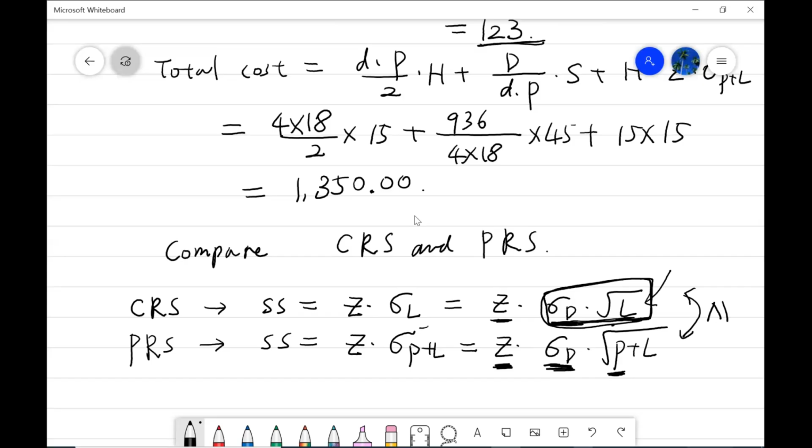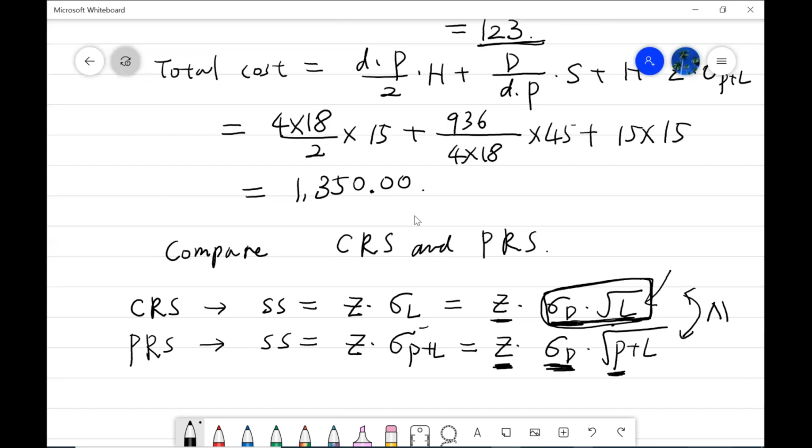But on the other hand, what about the periodic review system? You don't know what happened to the inventory between your visits to your warehouse, okay. So that's why the demand uncertainty has a huge impact. Under the periodic review system, you have to worry that your warehouse is out of stock, okay?